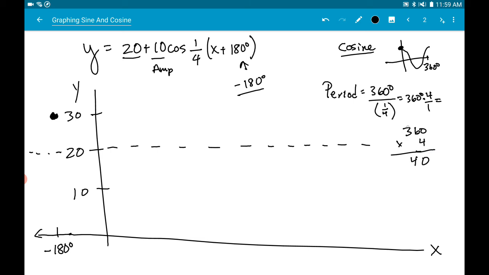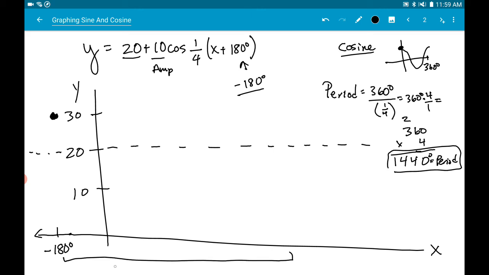We got 360 times 4, which is 1440. And so the period is 1440. That means from beginning to end, I need to travel 1440 degrees. And that's going to figure out how to label my graph.